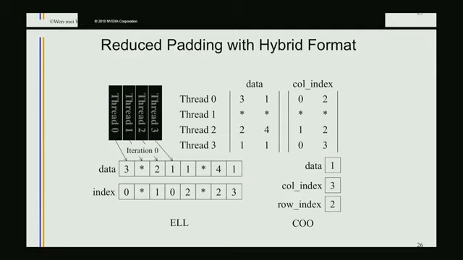Not all of my data will fit into it. There will be some piece of my data that doesn't fit here that I will need to represent in COO format. For that data, I need an array that is different than that data, so let's call this data_COO. And then I need a column index and a row index for each of those.